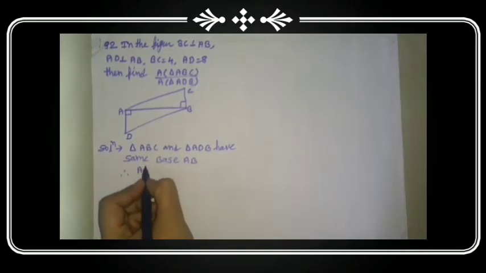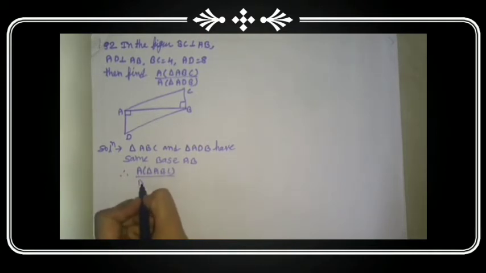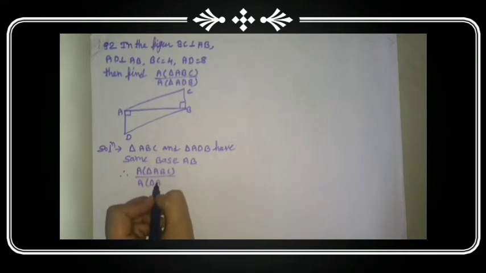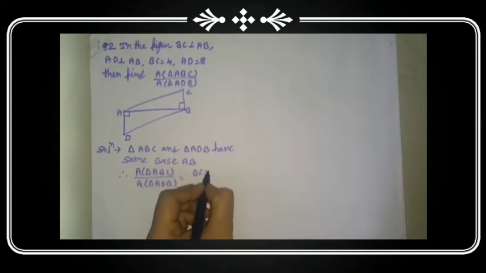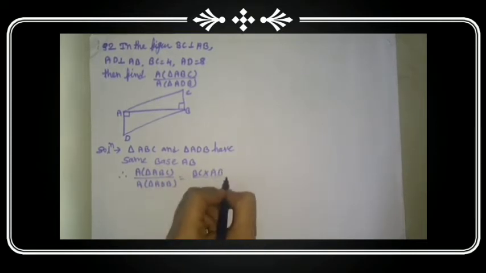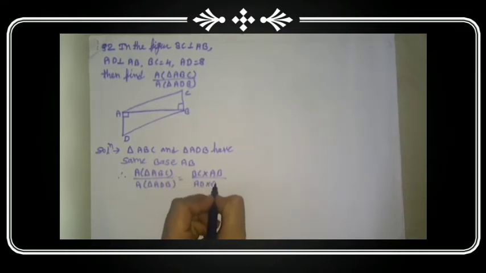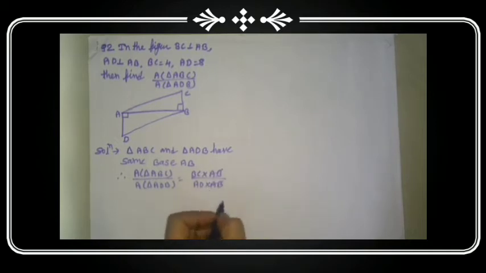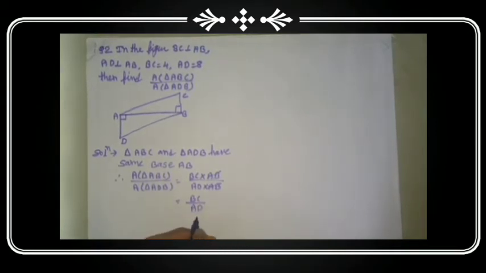Therefore, area of triangle ABC divided by area of triangle ADB equals BC into AB divided by AD into AB. AB cancels because the triangles have equal base. Therefore, BC upon AD.